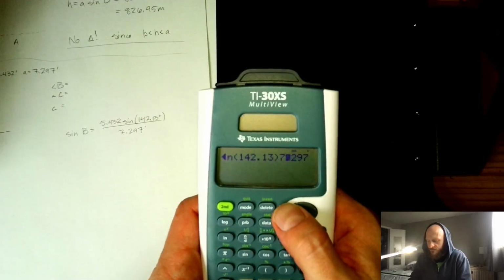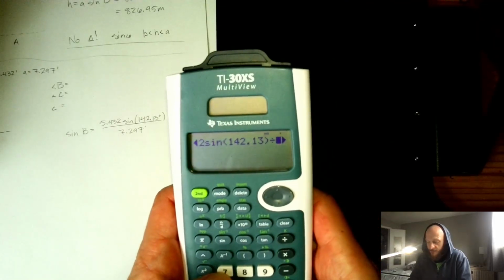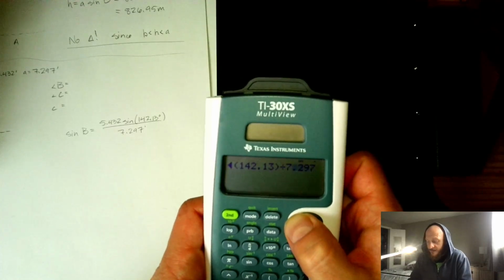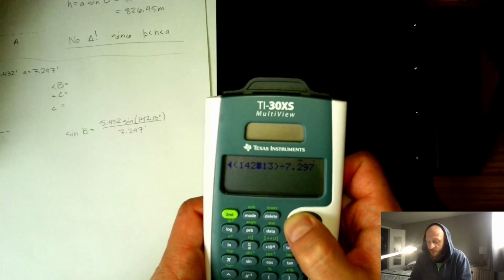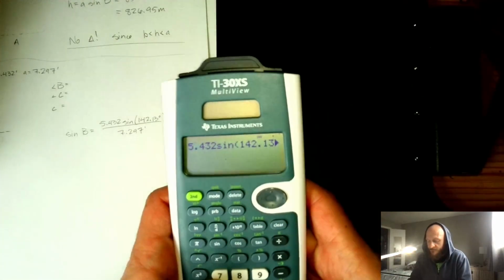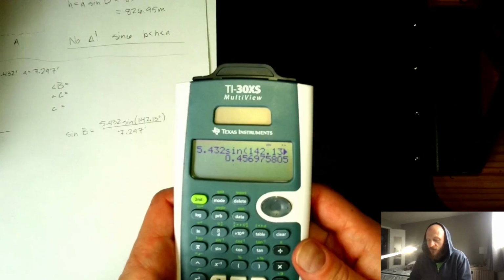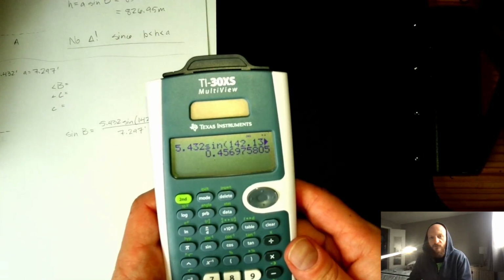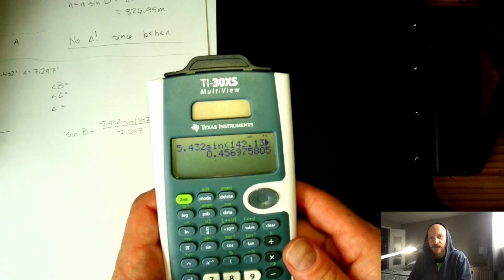That's not right. It needs to be divided by 7.297. Let's make sure that I typed everything in right. 142.13, solid. Come on. 5.432, yeah. So this is the sine of B. Sine of B is 0.45698.